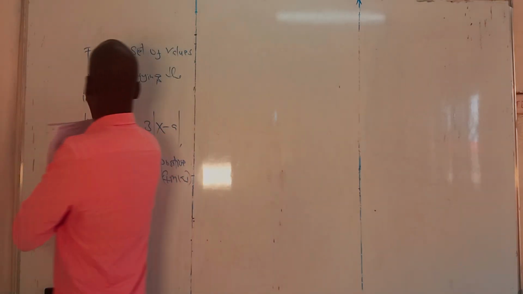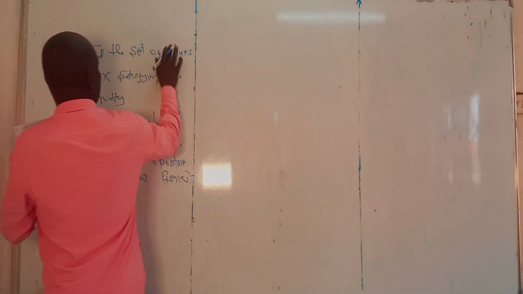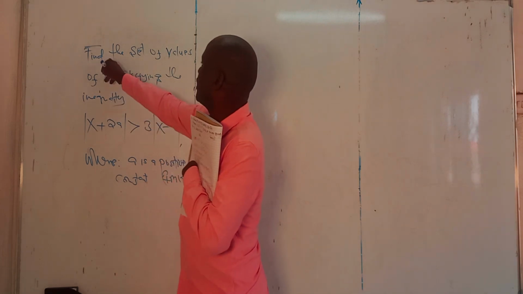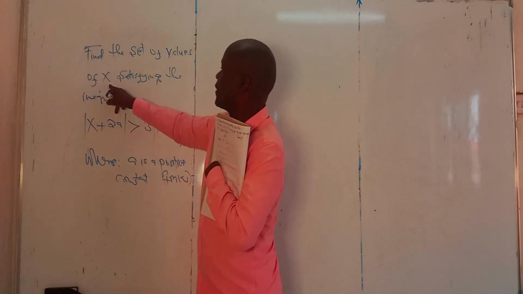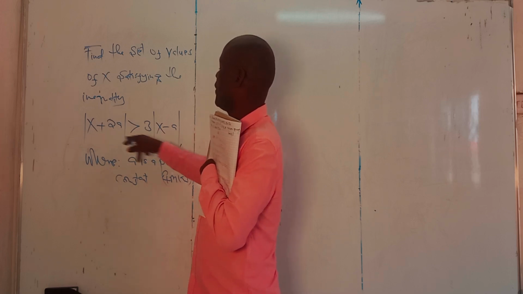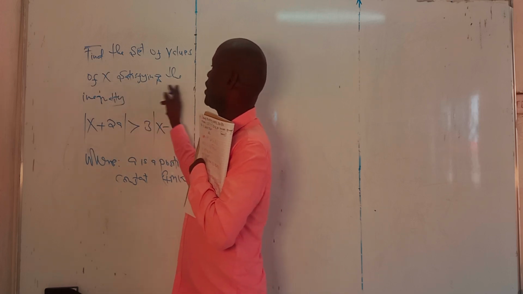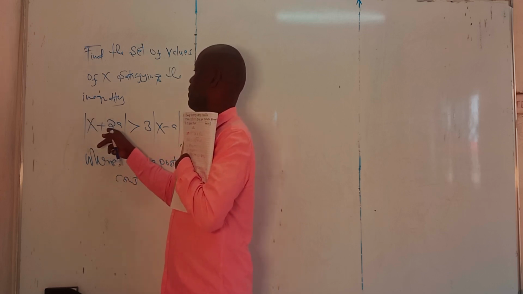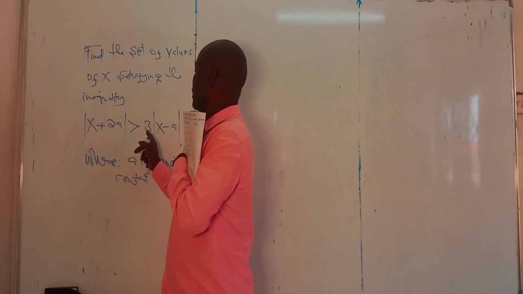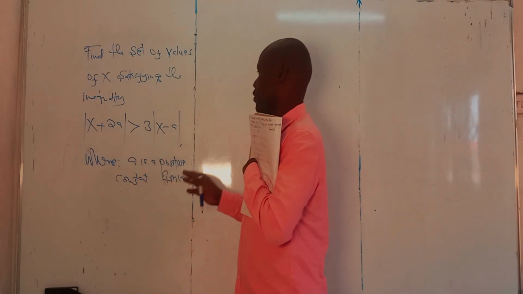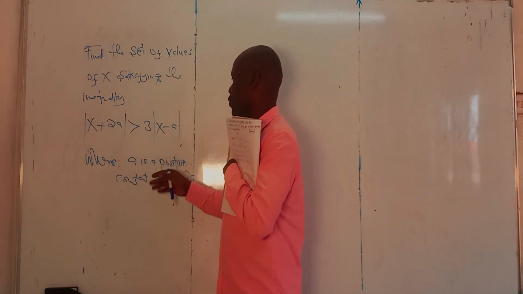We find the set of values of x satisfying the inequality. There is an inequality here: modulus of x plus 2a is greater than 3 into modulus of x minus a, where a is a positive constant.